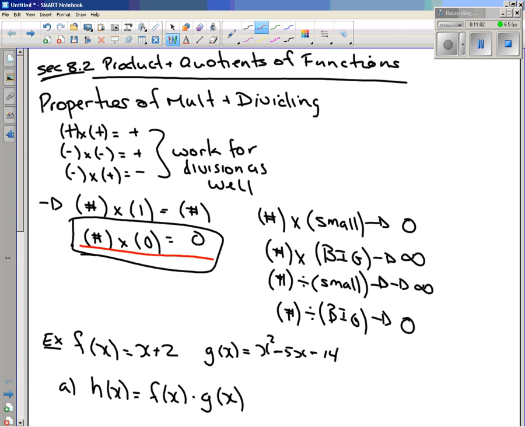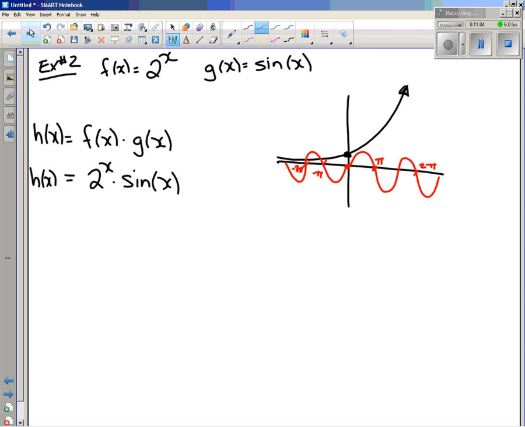So if we go over to this, we know that sine x has zeros at -2 pi, -pi, 0, pi, 2 pi, and so on. That means our function h of x is going to have zeros at those exact same spots.